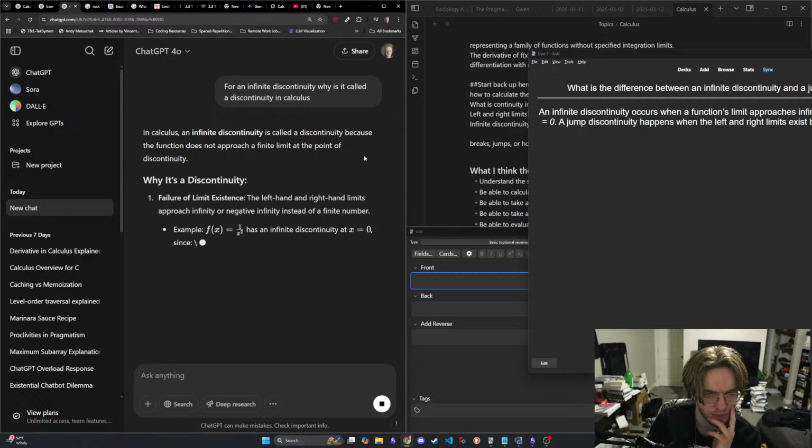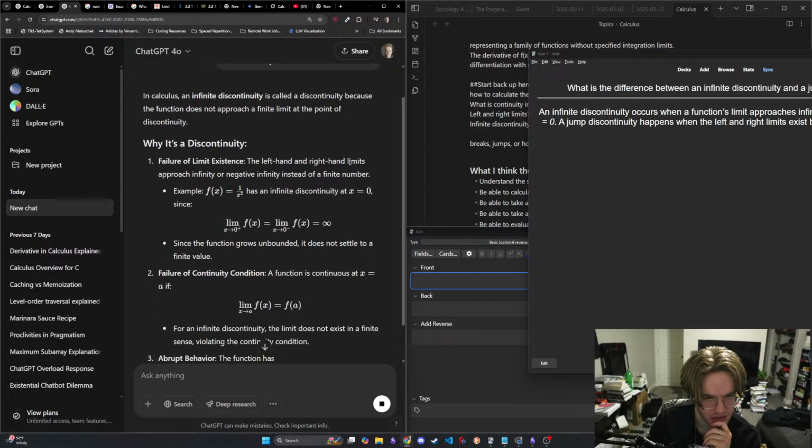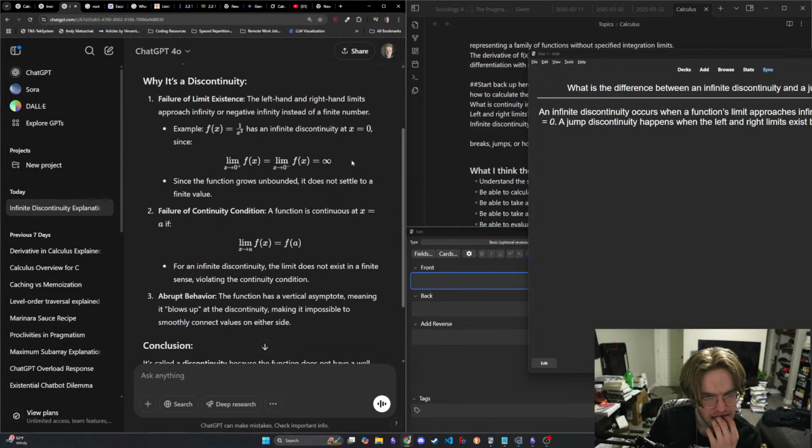Function does not approach a finite limit at the point of discontinuity. So it approaches infinity instead of... Oh, interesting.